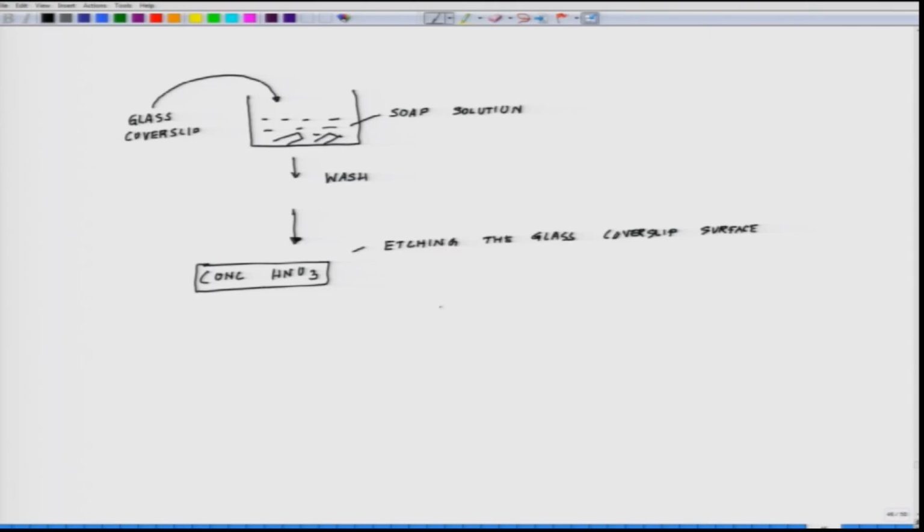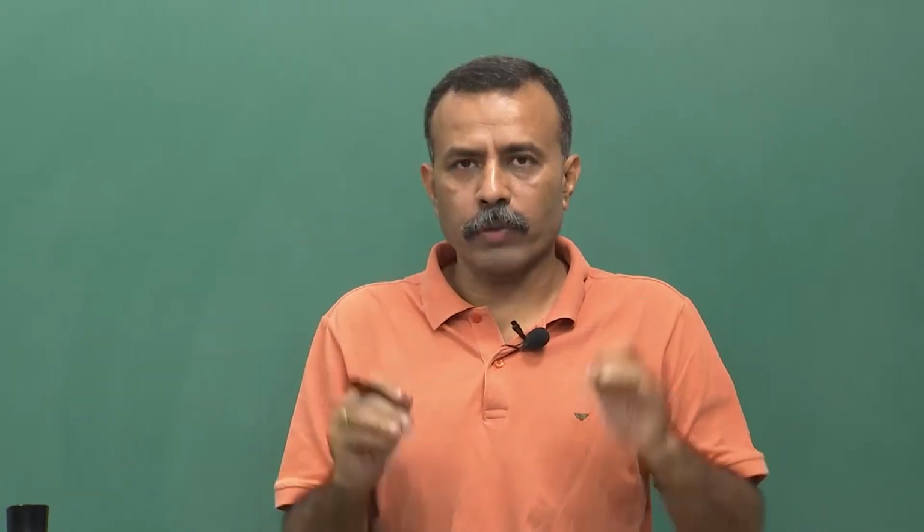What HNO3 essentially does is, if you have a glass like this, it will etch out some of it. People from the old school even use hydrogen fluoride, which is much stronger, but you can actually tweak the time and make it good enough for your purpose.